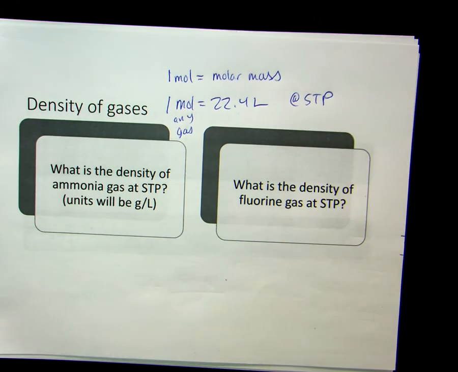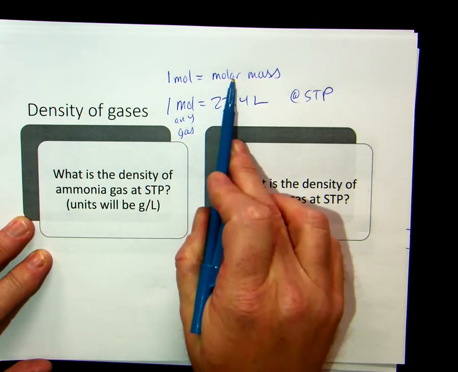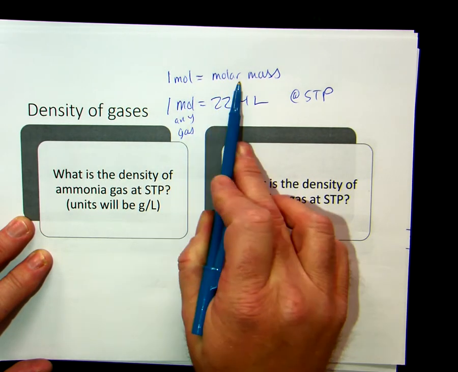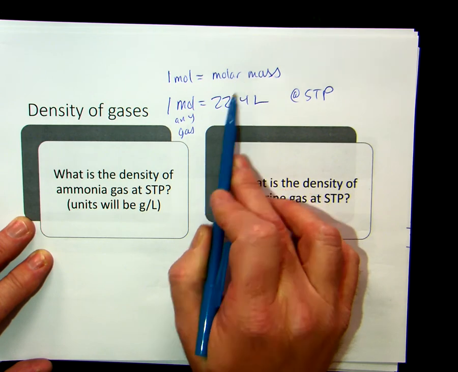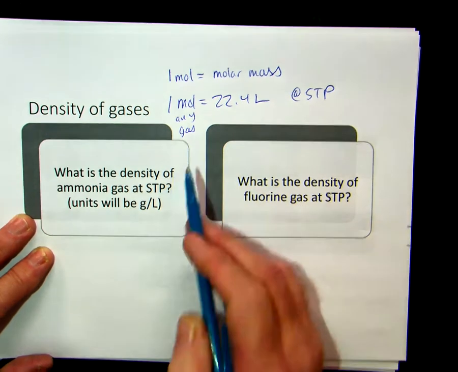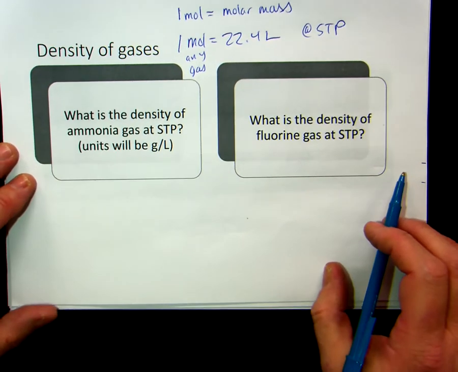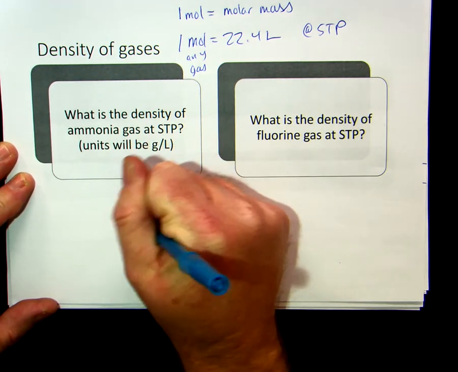That's the mass listed on the periodic table. So these are the molar masses. Since these two things are equal, I can establish that 1 mole will equal a certain amount of grams, its molar mass, and those same grams will occupy a given volume at STP. So we can boil this down to say that density is in grams per liter.